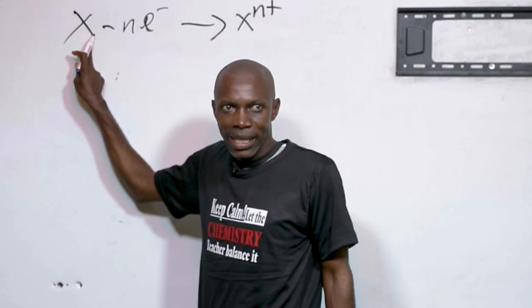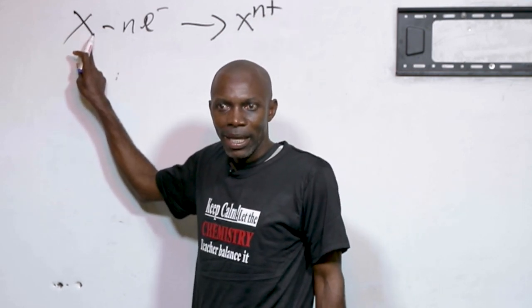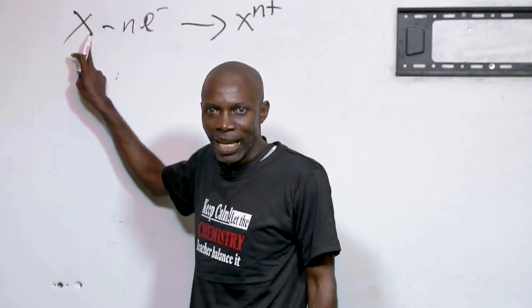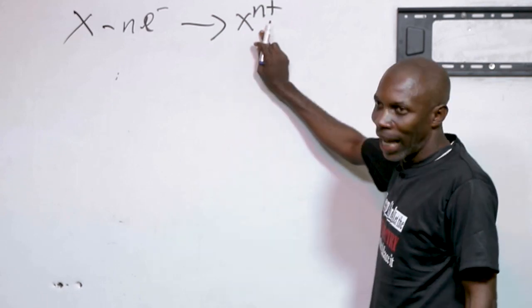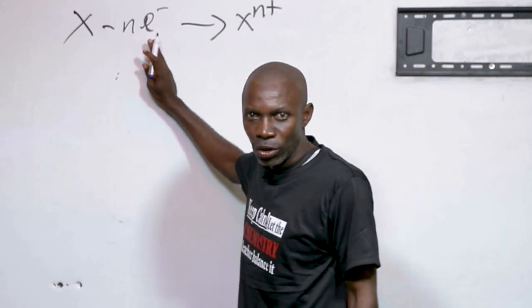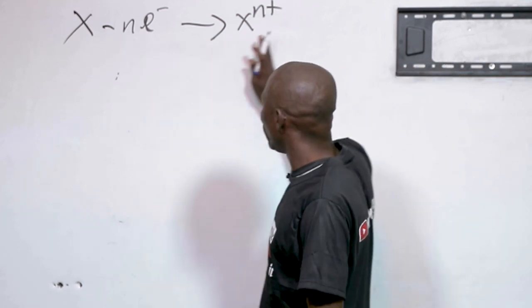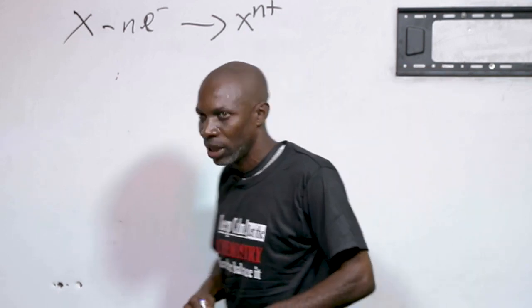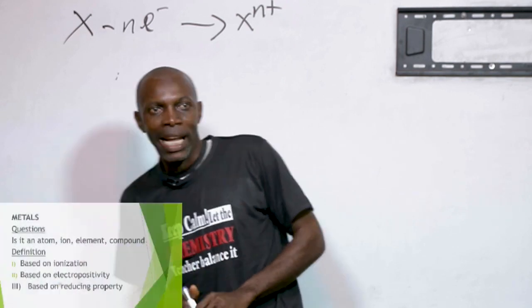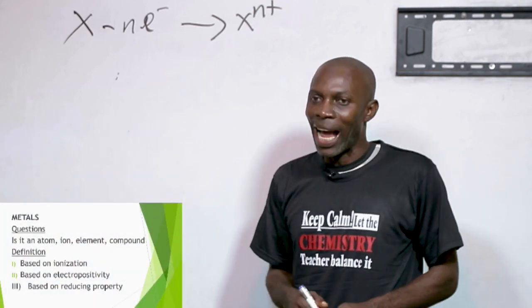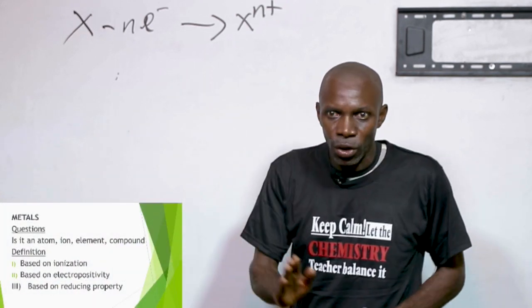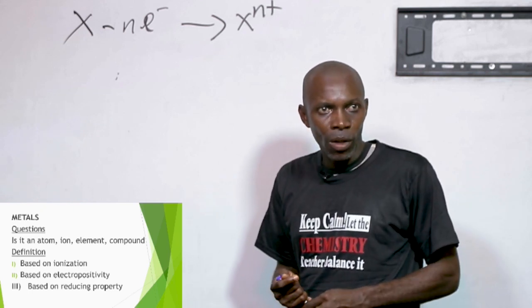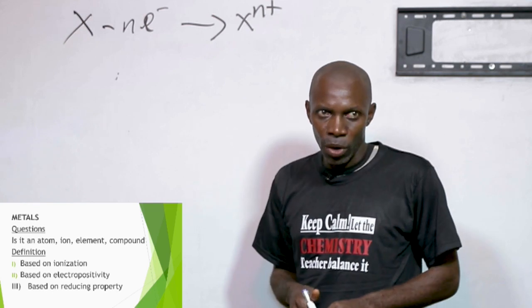So this X is an element, and that X is also a metal, because a metal is defined as an element that loses electron or donates electron during the chemical reaction. So based on ionization, a metal is defined as any substance that ionizes by electron loss.